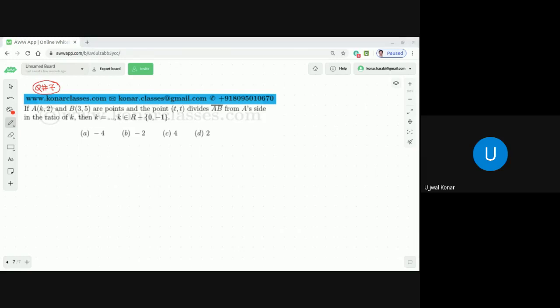Correct? So if we give a visual representation of this problem, dear students, suppose this is the line segment AB. This is the point A. This is the point B. Coordinate of the point A is (k, 2), and coordinate of the point B is (3, 5).